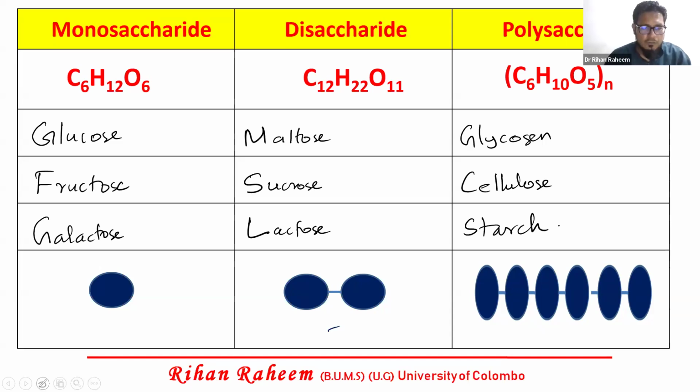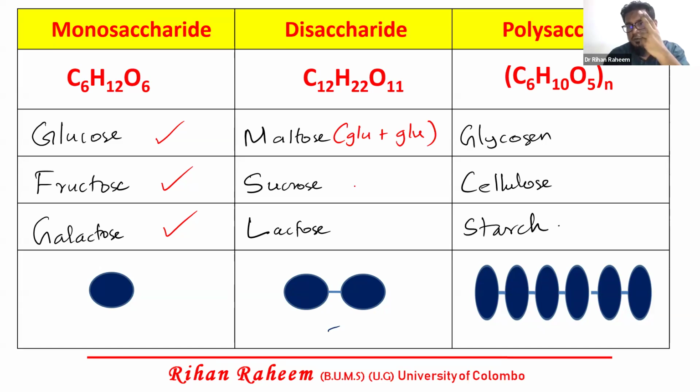Now we know glucose is a direct monosaccharide, fructose is a direct monosaccharide, galactose is a direct monosaccharide. Maltose is made out of two monosaccharides. Who are they? Glucose plus glucose is maltose.